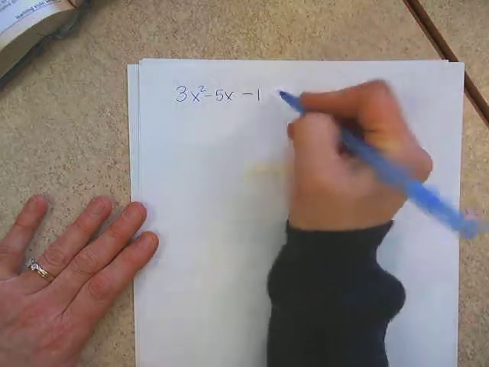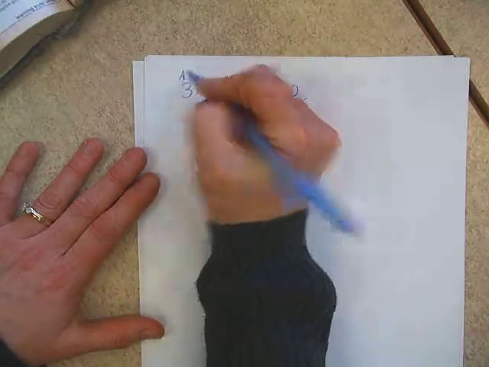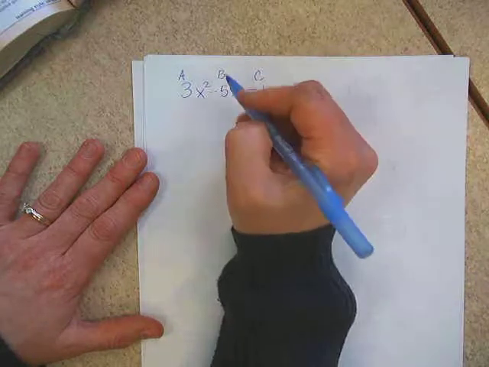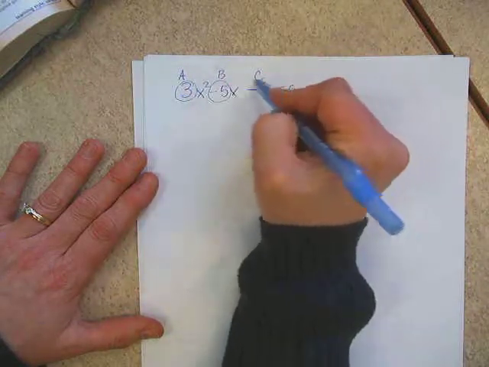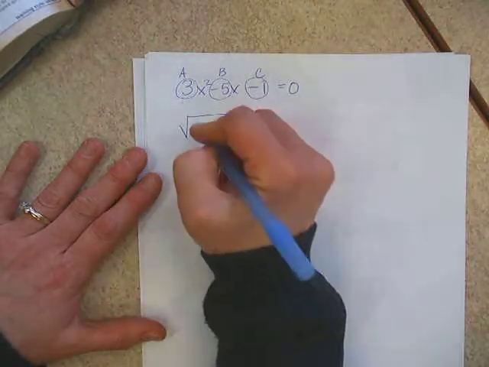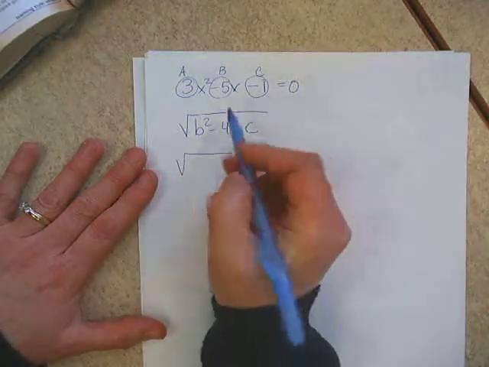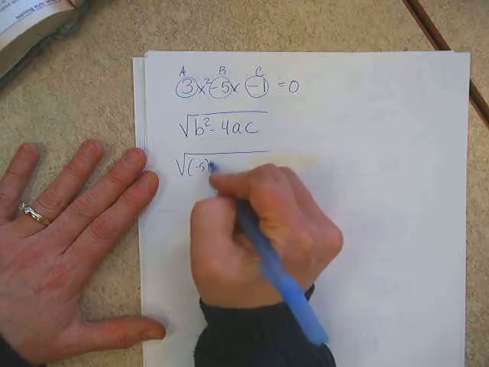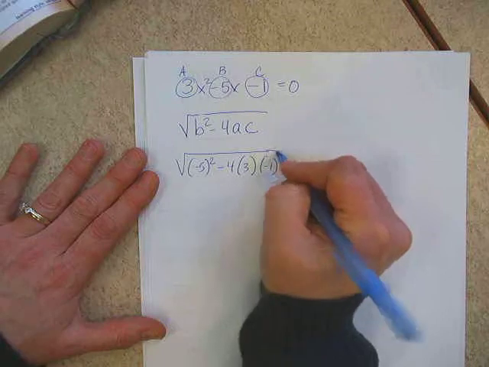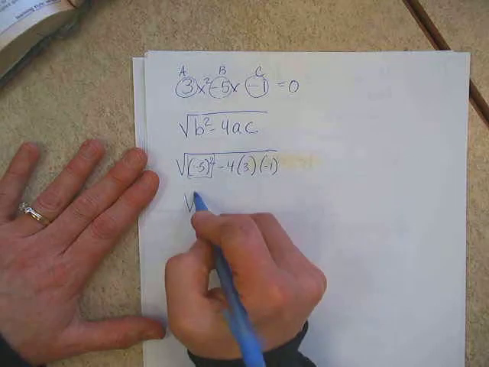So the first example, we're going to use 3x squared minus 5x minus 1 equals 0. Recall from previous lessons that 3 is A, negative 5 is B, and negative 1 is C. So if we are plugging into the discriminant, which is inside the radical, it would look like this: negative 5 squared minus 4 times 3 times negative 1.